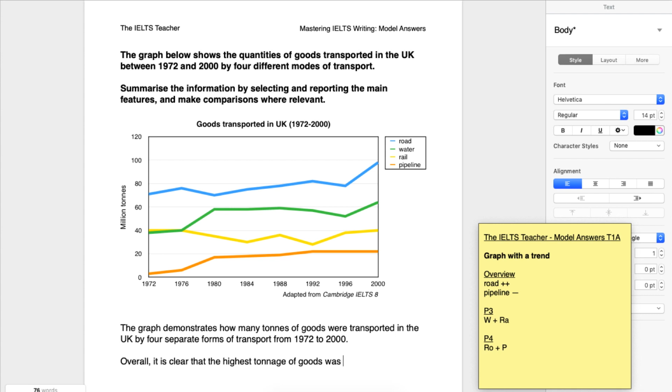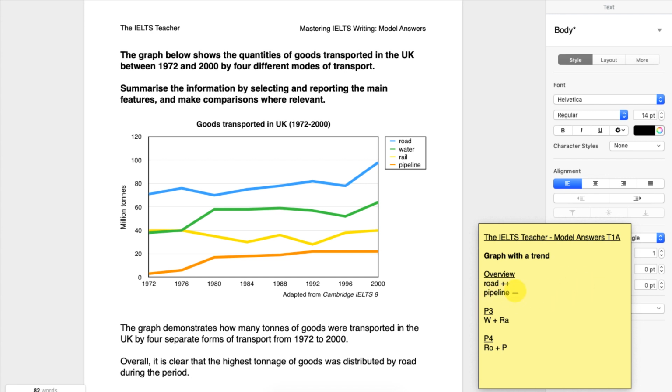Let's go with the verb. Okay, there's a good one beginning with D, distributed. So it was distributed by, and you can see from the plan, road. And it's nice, particularly in an overview, just to stress that we're talking generally and we're covering the whole graph. We can just add during the period. Or you can say throughout the period. That's also okay.